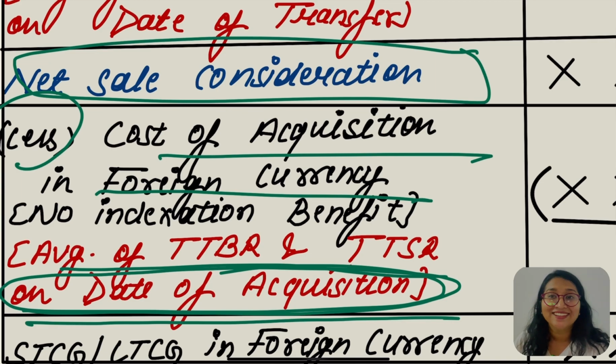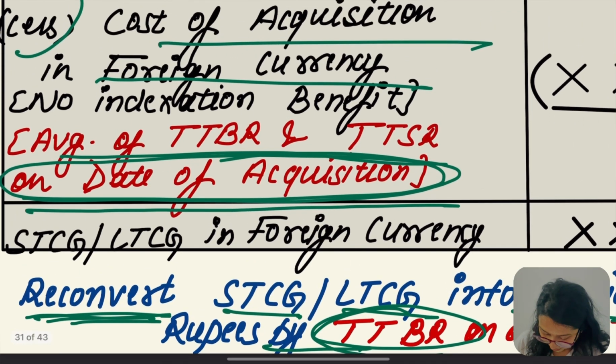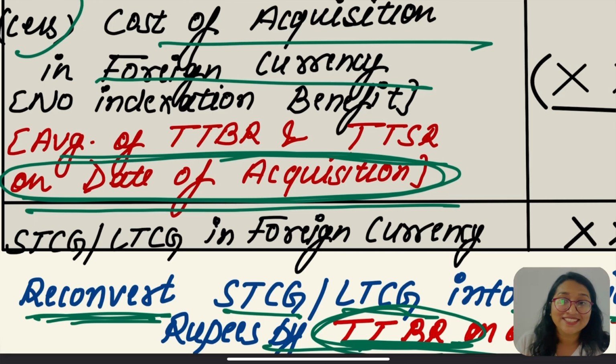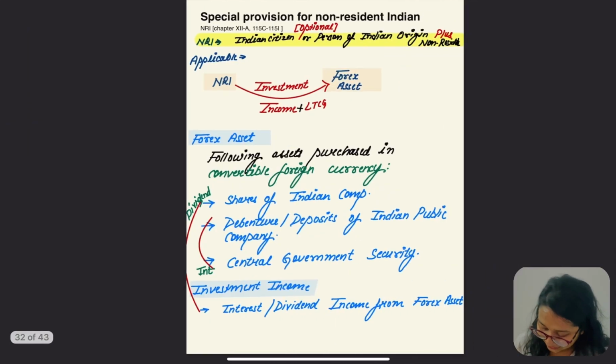Second part, the average of TTBR and TTSR, but on which date? On the date of acquisition for the cost of acquisition. And these things are to be done in foreign currency. And at last, when we get STCG and LTCG, we have to reconvert into Indian currency, but only TTBR we are going to take, TTBR not TTSR. Hope this part was also clear to you.